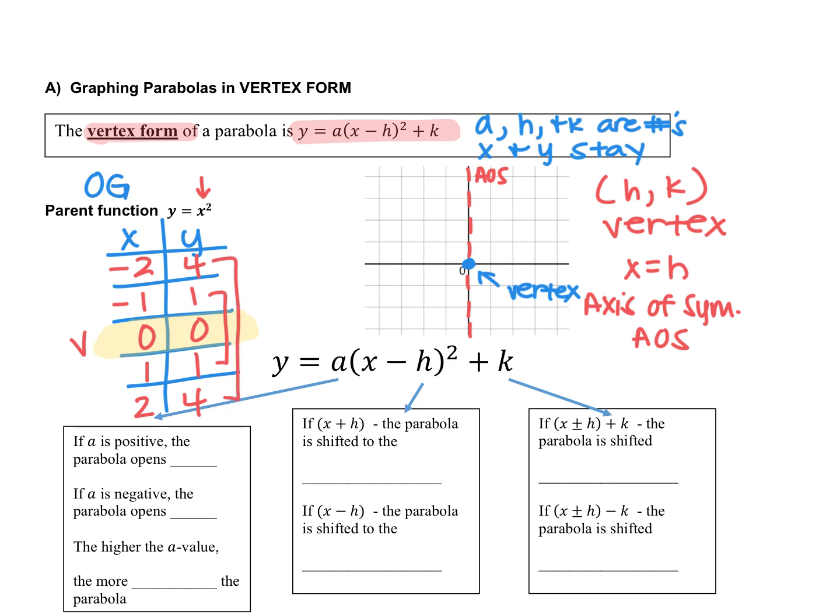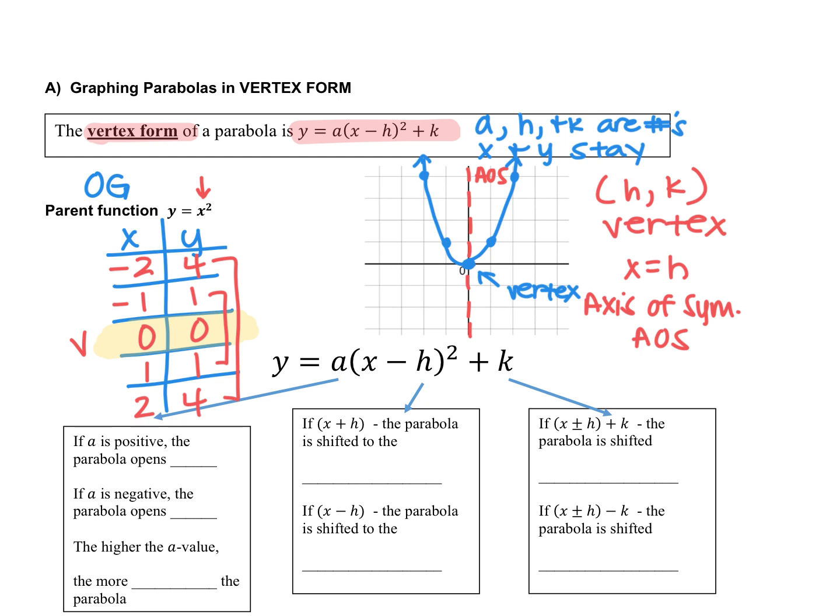So if we graph the rest of these points, I've got -2, 4, -1, 1, 0, 0 from my vertex, 1, 1, 2, 4. And then I've got a parabola. I'm not good at drawing parabolas unless they're upside down. I don't know why, so I always turn my paper upside down to draw my parabolas.